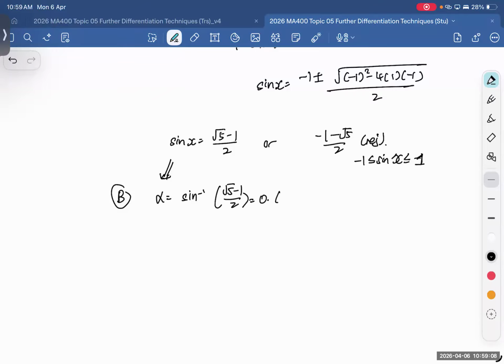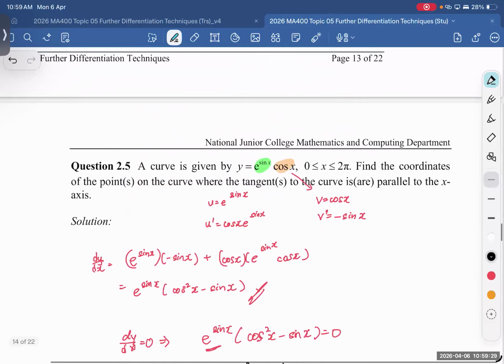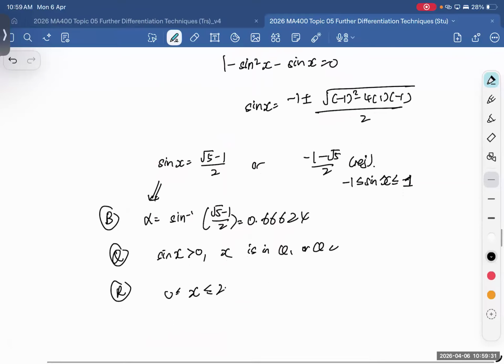So this is 0.66624. Do not round off to 67, just 6. So Q, sign is positive, right? X in which quadrant? Quadrant 1 or quadrant 2. Therefore range of x is between 0 to 2 pi. First quadrant, x should be 0.66624.